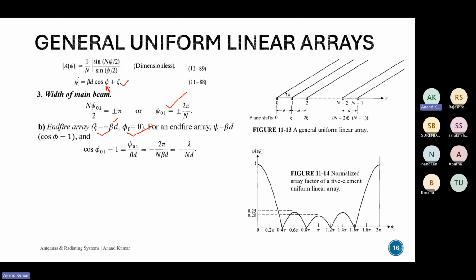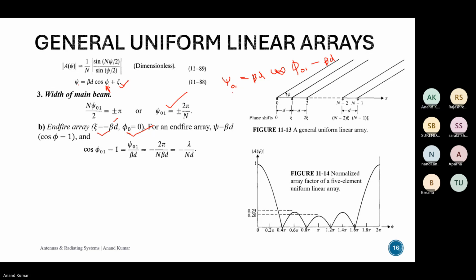So psi 01 is equal to beta d cos phi 01 minus beta d.